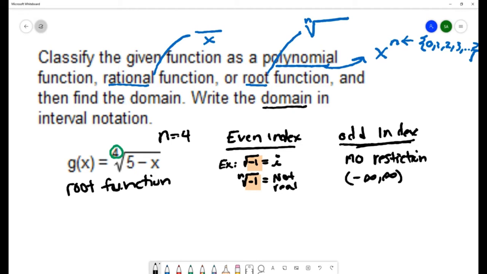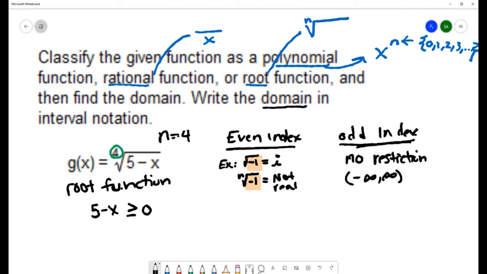So when we're looking for the domain of an even index root function, we're going to take what's underneath the radical and set it greater than or equal to 0. Greater than or equal to 0 excludes negative numbers, since those are the restricted values.